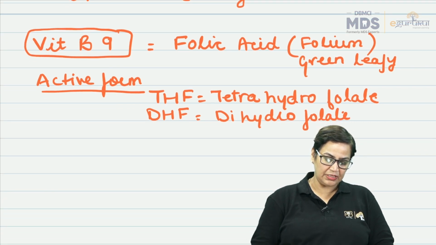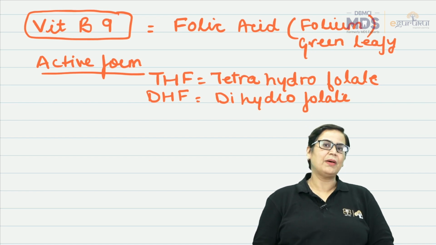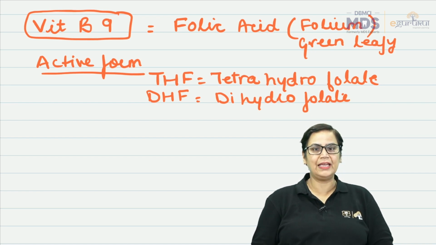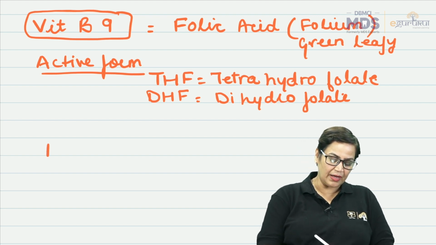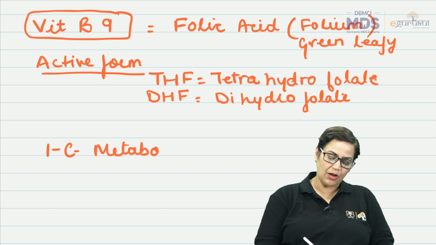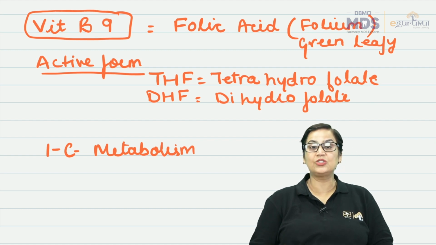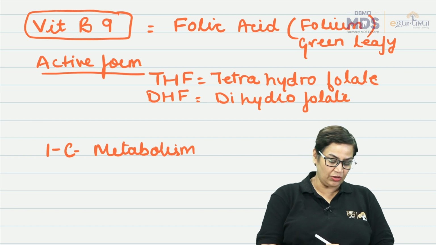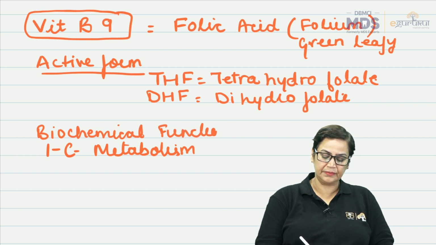Right? Now see again, what are the biochemical functions? Now always remember one thing, this folic acid plays a very, very important role in 1-carbon metabolism. Very important. Now, as the word suggests, 1-carbon means it is donating 1 carbon. So this becomes the most important biochemical function of folic acid.